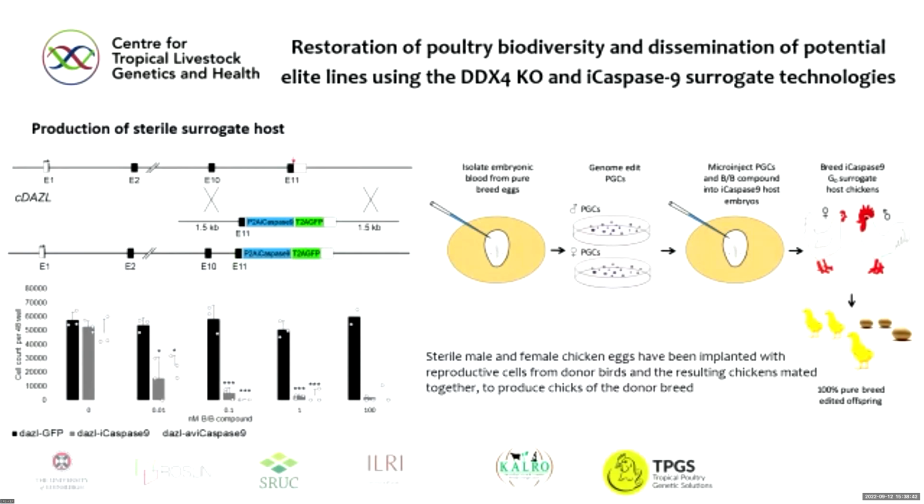But with what Mike McGrew's team at the Roslin Institute has been doing, developing the surrogate chicken, and they have been working on the DDX4 and the iCaspase9 nonsurrogate technologies, from that they are able to develop the surrogates that we should be using now at ILRI to be sure that in a very short time, we should be able to recover the chicken that we have been cryopreserving.